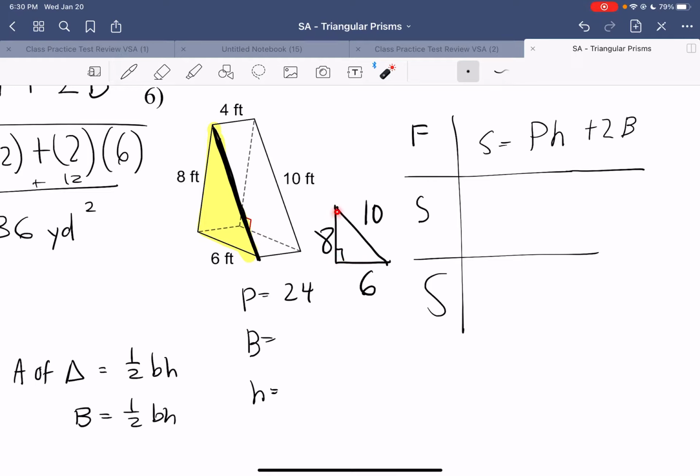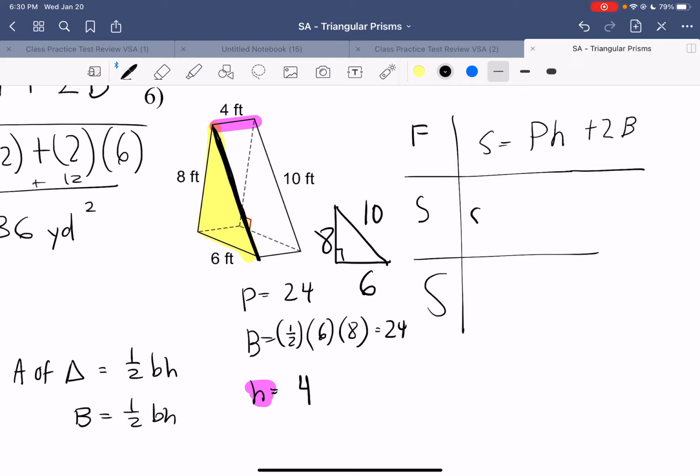The area of the base is 1/2 base times height. So it's going to be 1/2 times 6 times 8. That gives us also 24, because 6 times 8 is 48 times 1/2. The height of the prism is this that I just highlighted there.